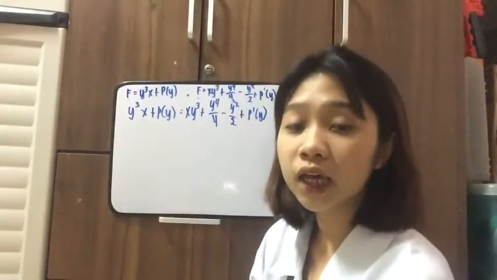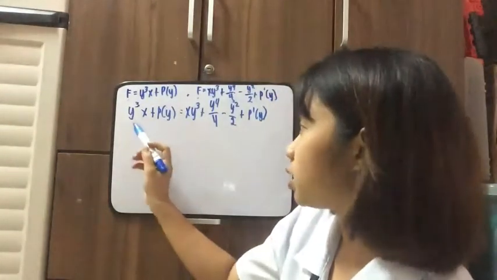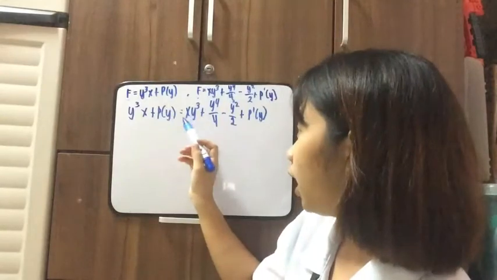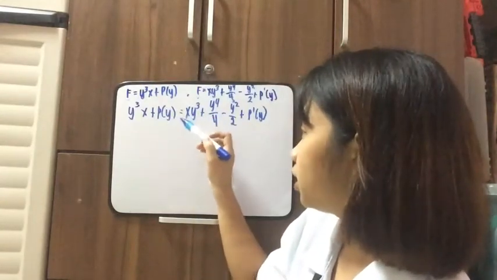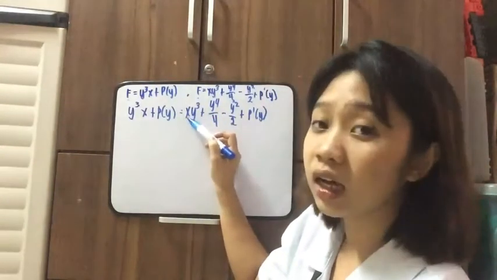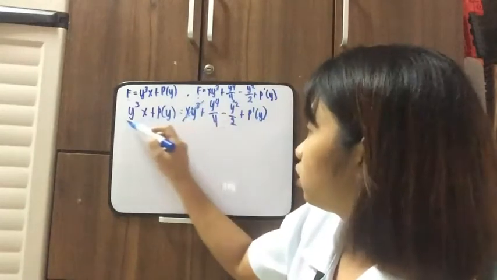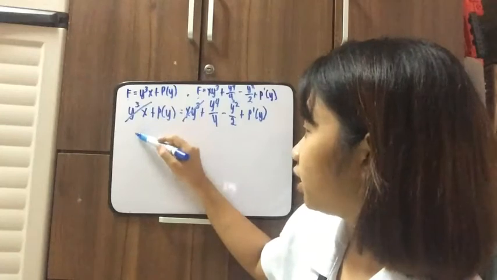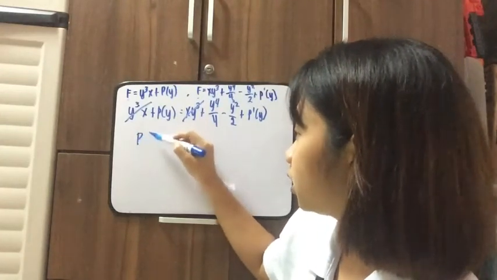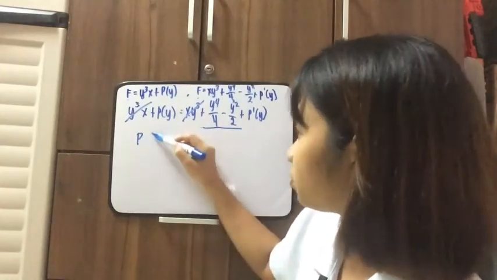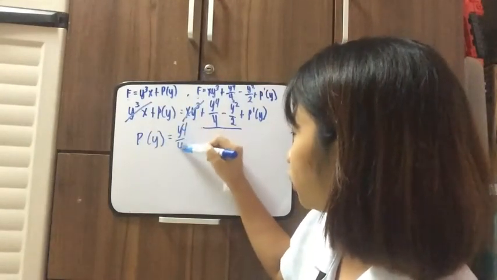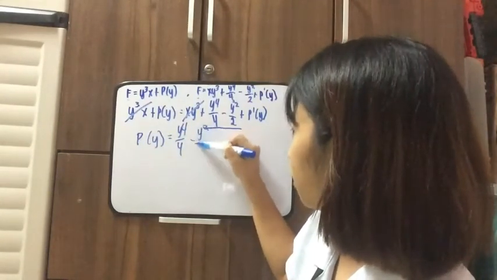So, we can simplify this. Since y cube x and yx cube and xy cube is similar, we can cancel out. So, ang natira na lang sa atin for p of y is this. Y raised to 4 over 4 minus y squared over 2.